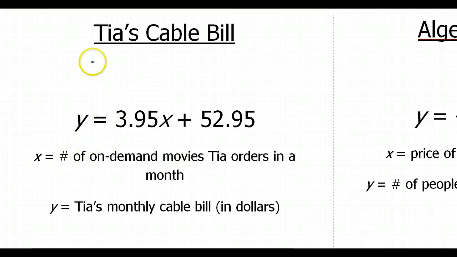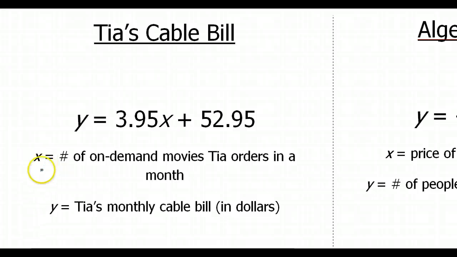Okay, really quickly, let's take a look at Tia's cable bill and see if we can answer some of these questions real fast. Probably nobody is listening to this because you guys are already on your way to your next class. But anyway, Tia's cable bill.